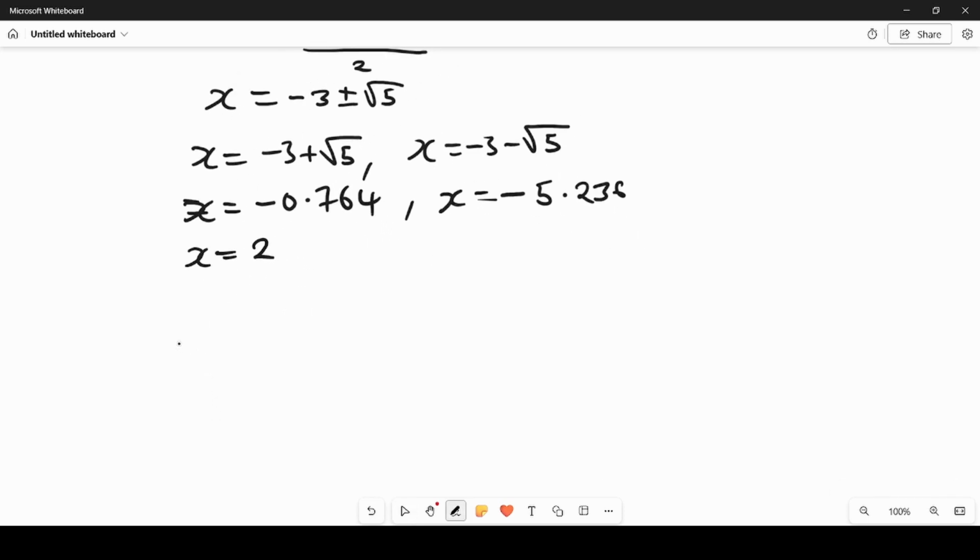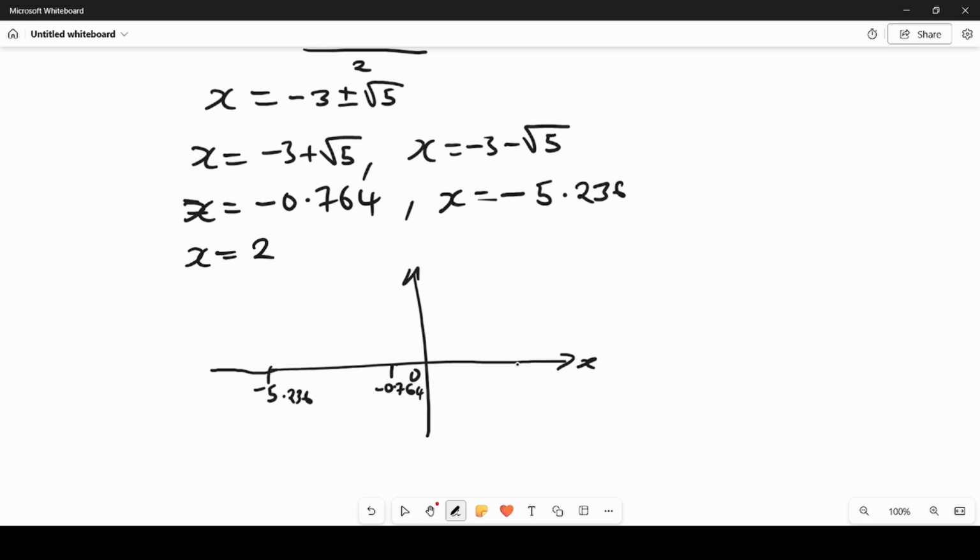So when you draw on the x-y plane, we have y, we have 0 there. We have negative 5.236 somewhere down there, and we have somewhere here negative 0.764.